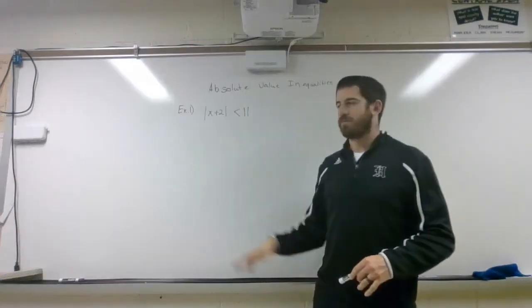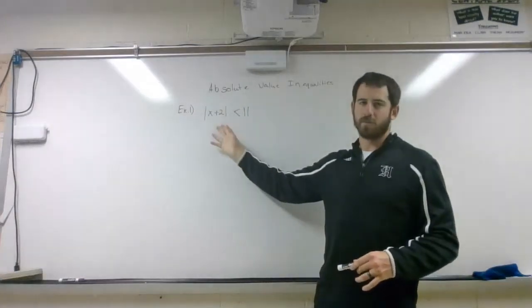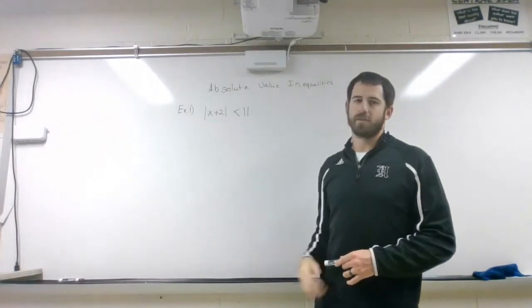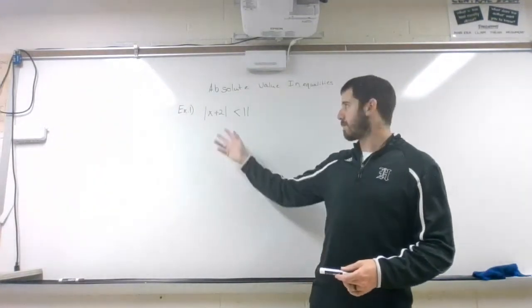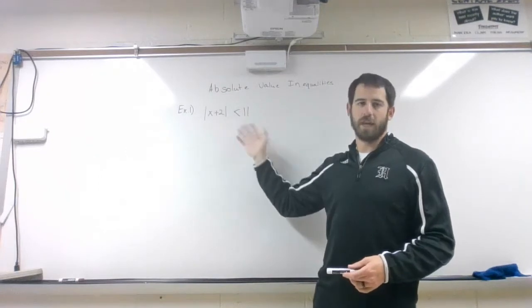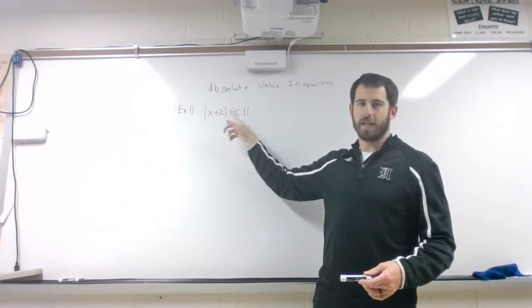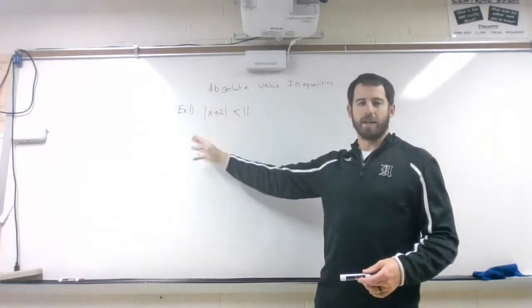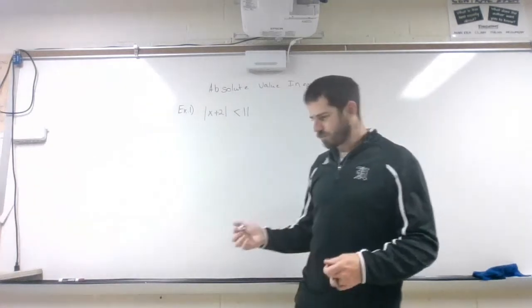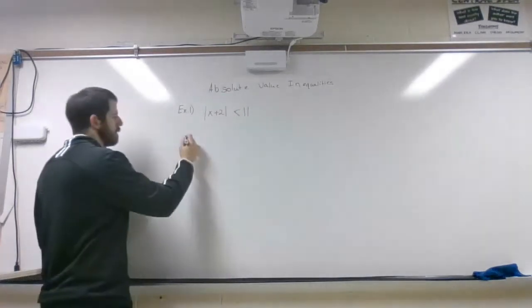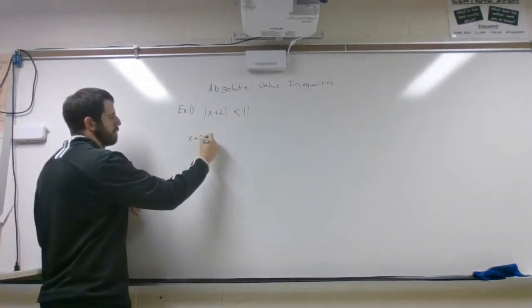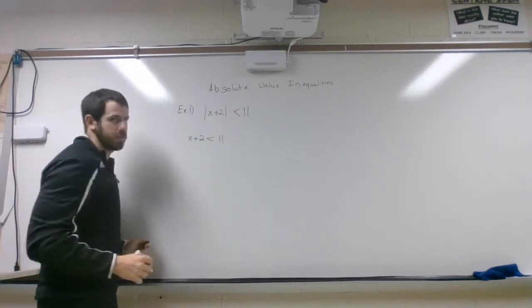So for example 1, we have the absolute value of x plus 2 is less than 11. Again, you need the simplified absolute value or else you can't solve it yet. So this needs to be simplified, meaning you can't have something underneath it, you can't add something next to it, you can't have something in front. So we write the first one as is: x plus 2 is less than 11.